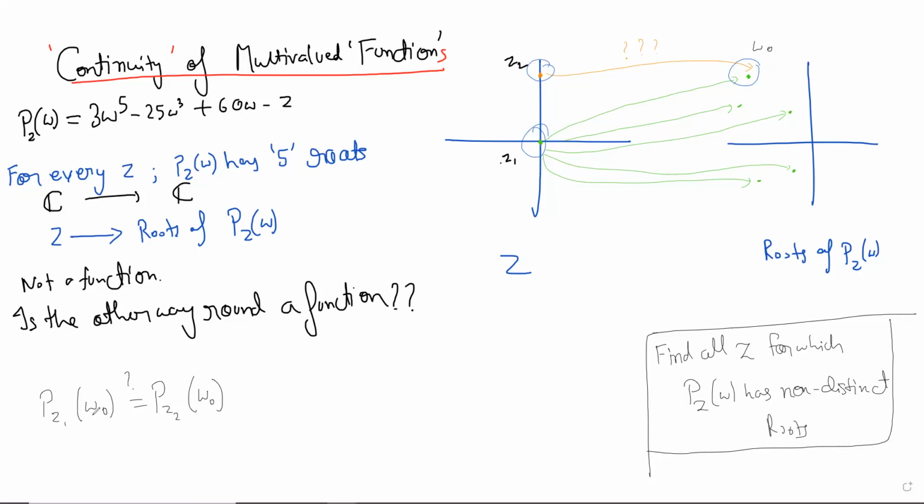Can there be a different z1 and z2 which have a common root?